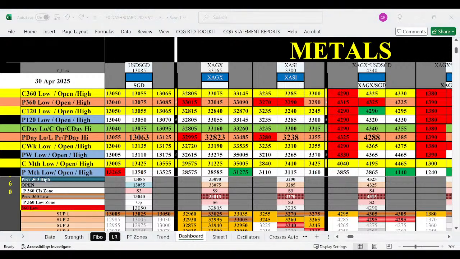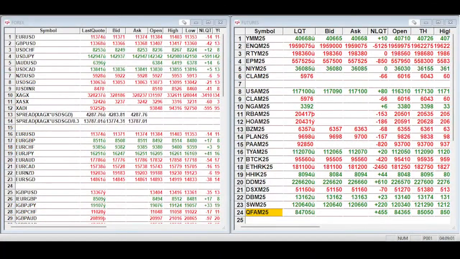So with that, when we look into the chart, let's see what the chart is telling us.